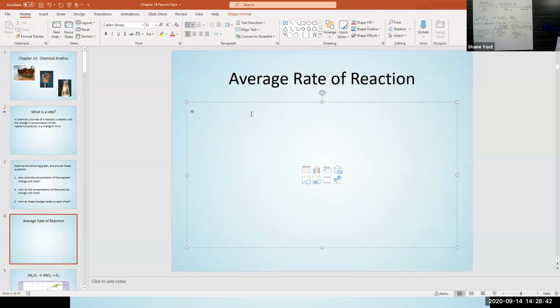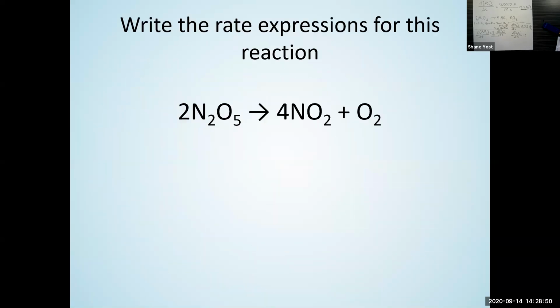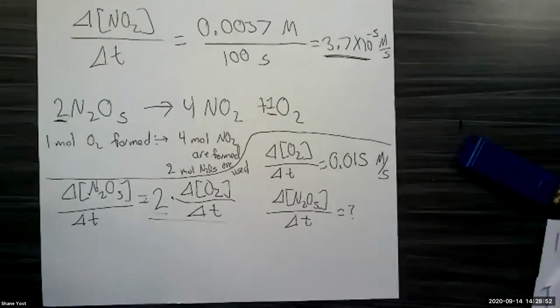All right, so the average rate of reaction, let me restart now. Sorry, getting all this stuff squared away with Zoom. All right, here we go. There we go. Back here.